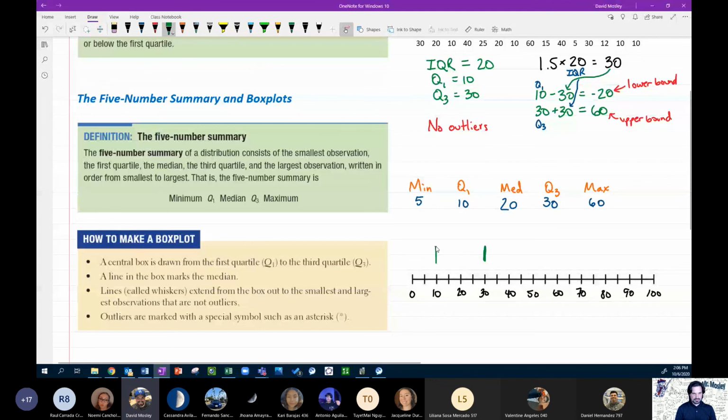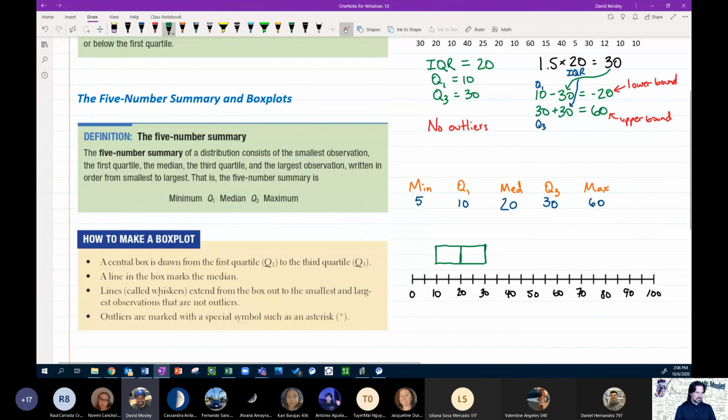Draw a box. A line in the box marks the median. Median's at 20. We're right there in the middle of our box. That's kind of nice.